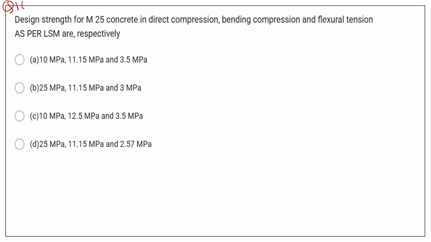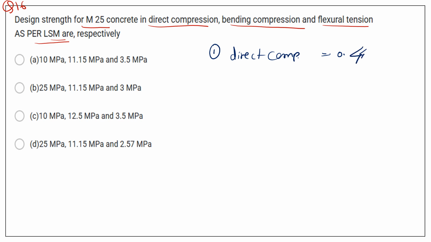Then question number 16. Design strength for M25 concrete in direct compression, bending compression, and flexural tension as per the limit state method respectively. The formulas for these compressions and tensions are: first, for direct compression, the formula is 0.4 into FCK.